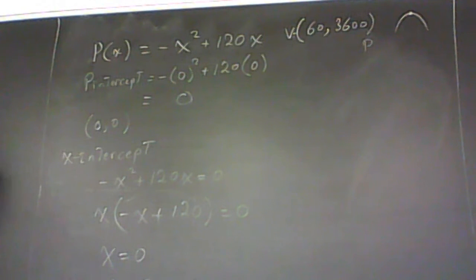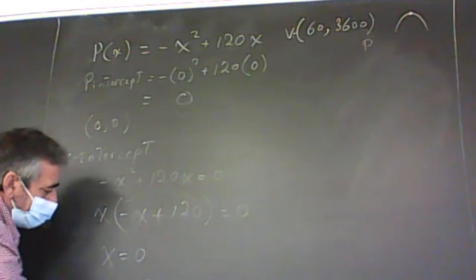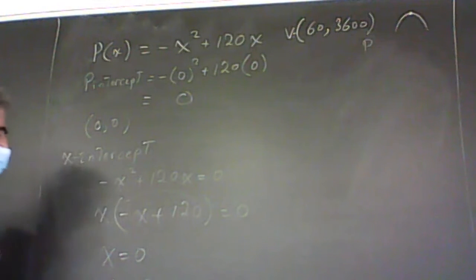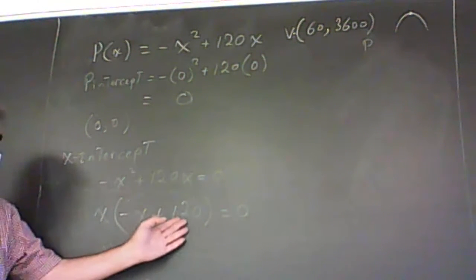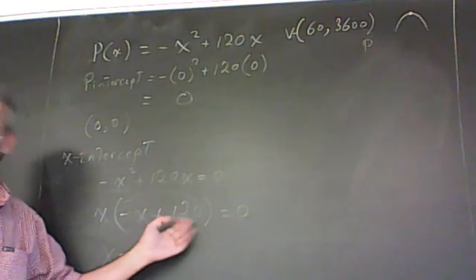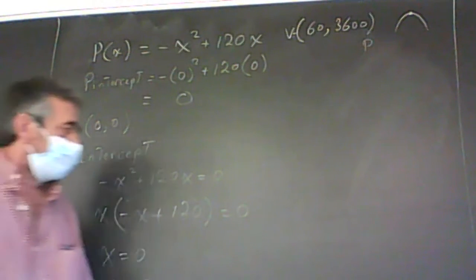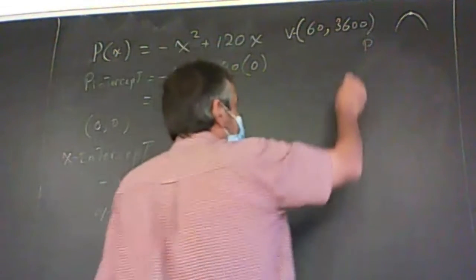And if I isolate the x, let's take the x to the other side, we end up with 120 equals x. So the second intercept is x is 120. If I put 120 here, I get 120 minus 120, that would be 0. Yeah?